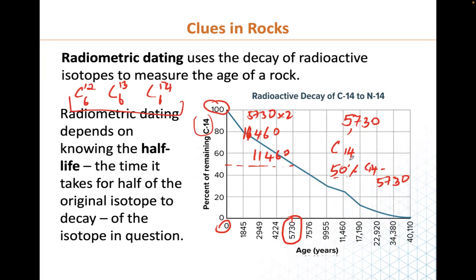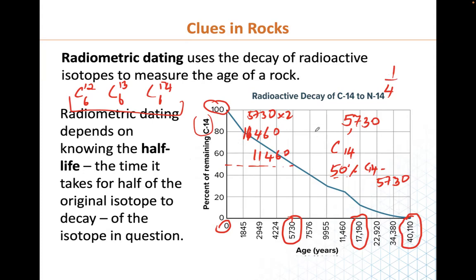That is to say, half of what is remaining will be broken down. So this is another half-life, and this is how long it takes for a quarter of the carbon-14 to be broken down.